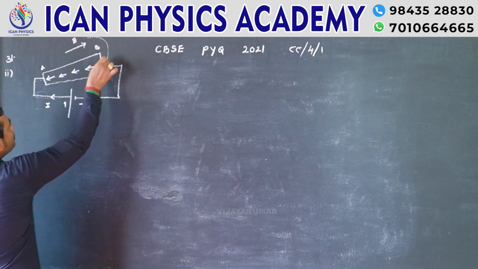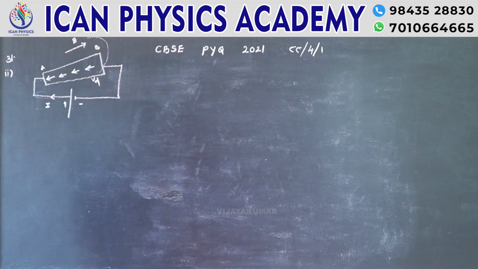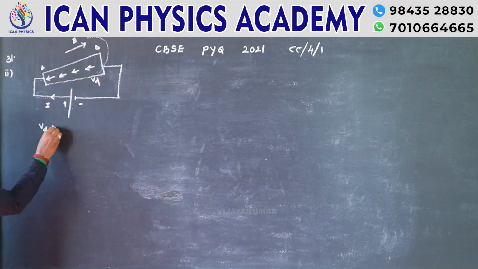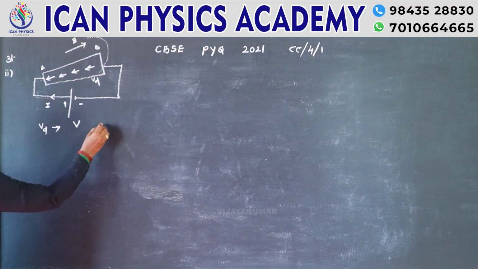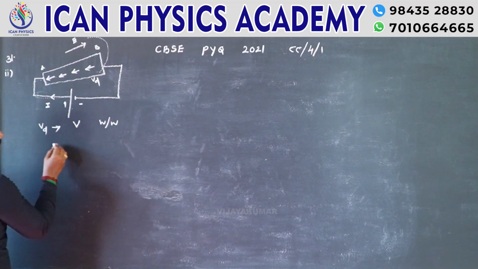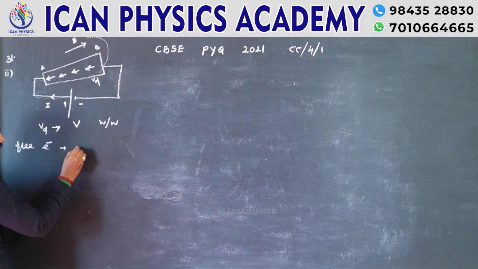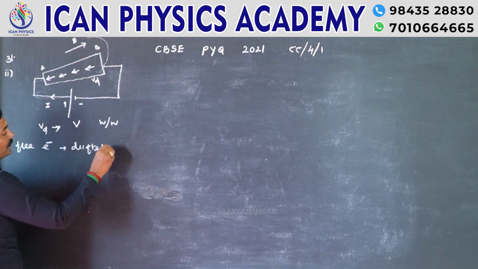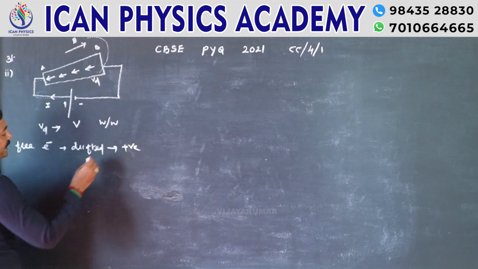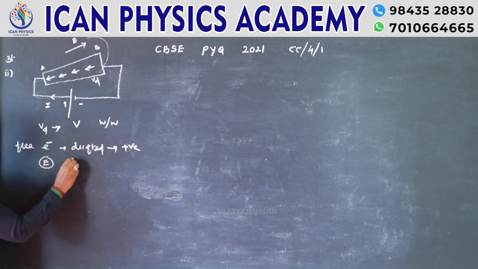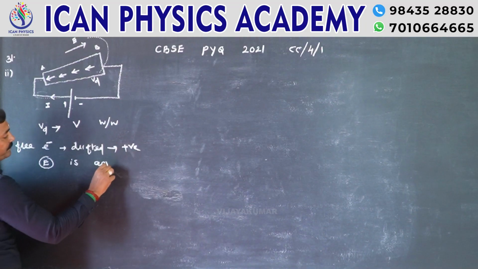So what is the relation between the electric field and the drift velocity? This is the question. What is drift velocity? The velocity with which the free electrons are drifted towards the positive terminal when the electric field is applied.